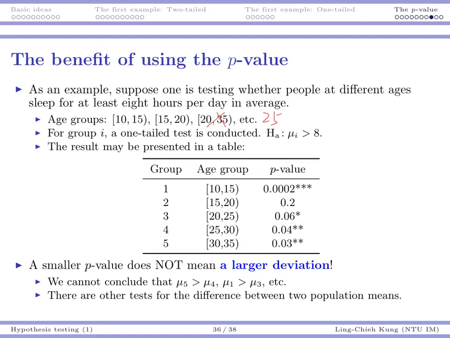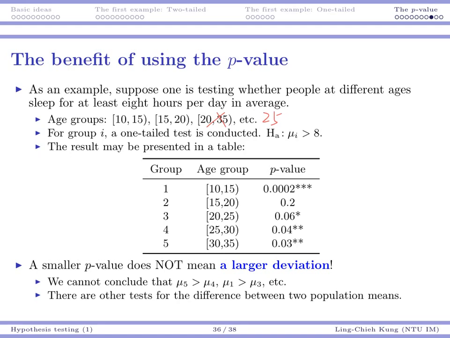You cannot do that. Okay? In fact, we have other tests for testing the difference between two population means. Okay? So that's something you need when you want to make conclusions like this. But you cannot just do a few single population tests and then compare their p-values.